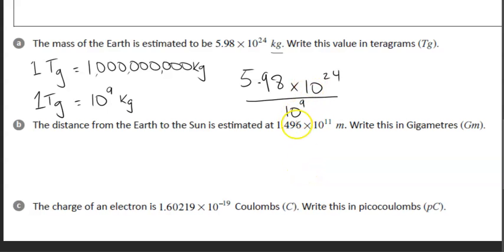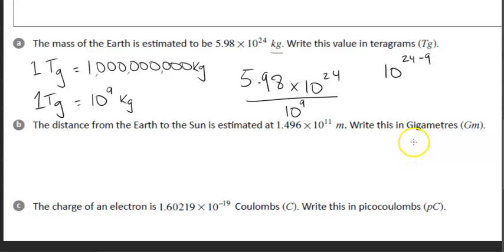Now, the thing is, we know the indices rules of division when it comes to powers. 10 to the power of 24 divided by 10 to the power of 9, that's the same as writing 10 to the power of 24 take away 9, isn't it?